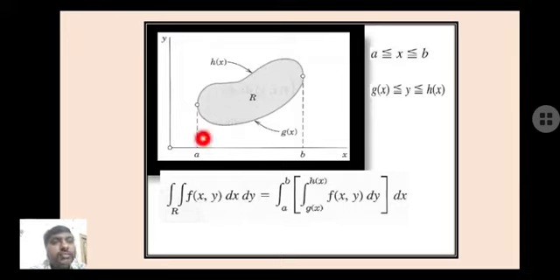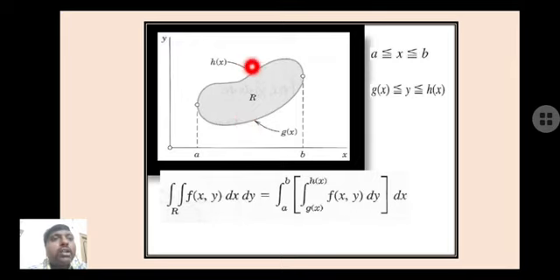For a fixed x, your y value moves from the lower curve to the upper curve. On the lower curve, y is g(x); on the upper curve, y is h(x).